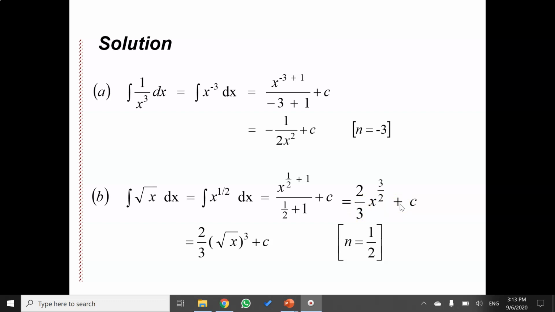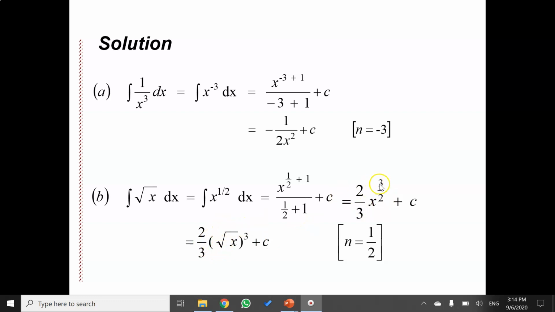Remember, in your exam, please simplify the answer, okay? And then after this, you will get 2 over 3, you just write it back. How do you get the square root of x cubed here? Because x to the power of 1 over 2 is actually the square root.